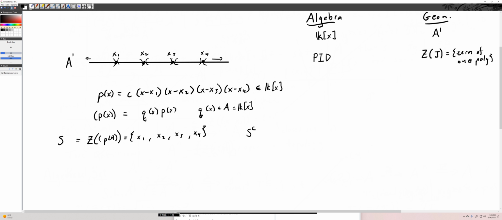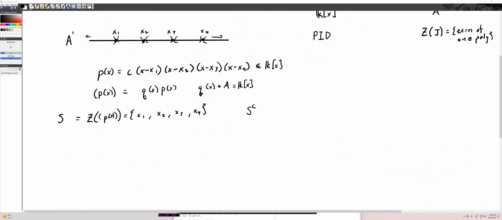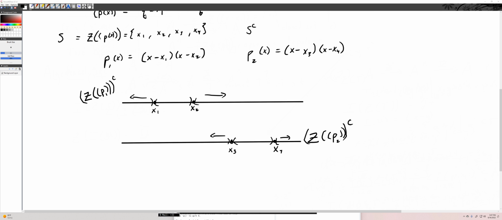let's say that I came up with ideals for x1, x2, and x3, x4. Well, obviously those would associate to ideals generated by the polynomial with zeros at x1, x2, and the polynomial with zeros at x3, x4. And here I've gone ahead and drawn this, affine 1 again.